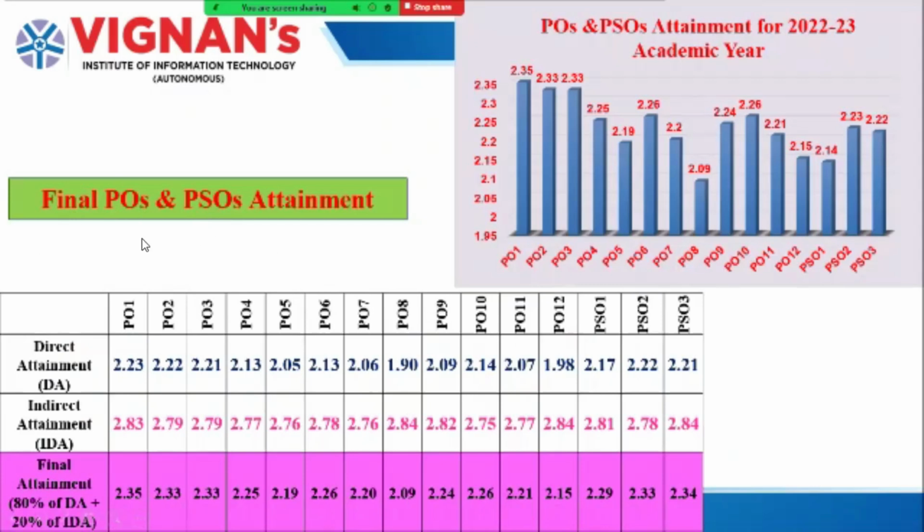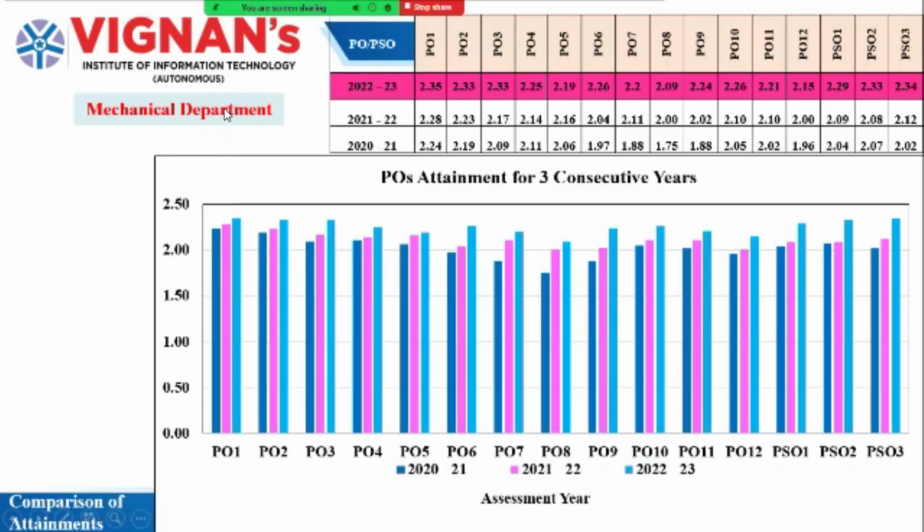This is the final attainment for the 19 batch. Like that, here you can compare all the academic years for different batches. There is a continuous improvement in attainments for all the batches.